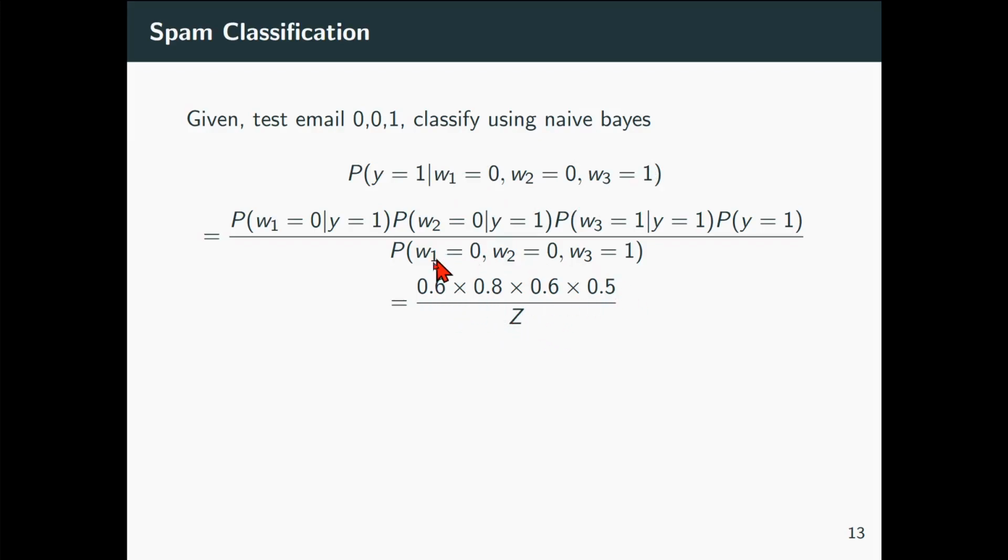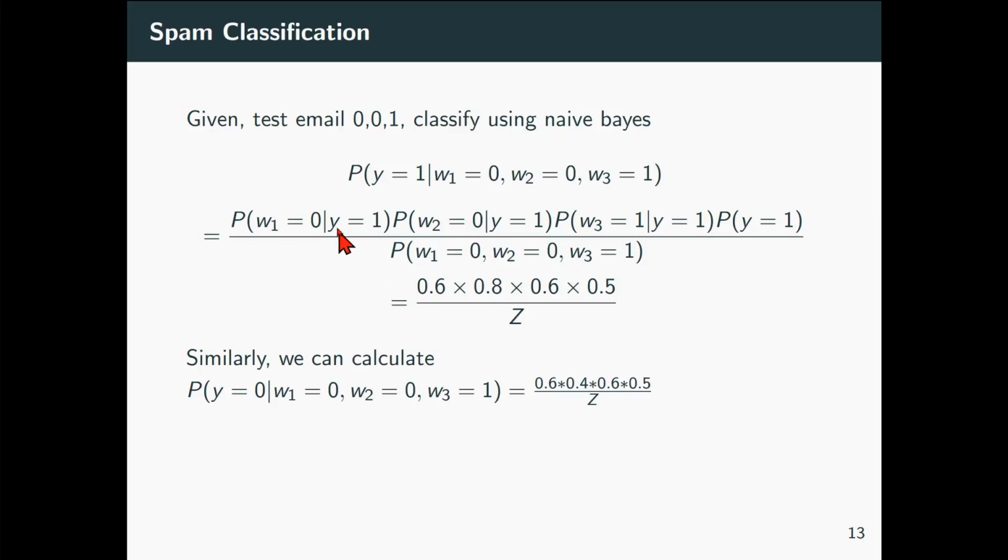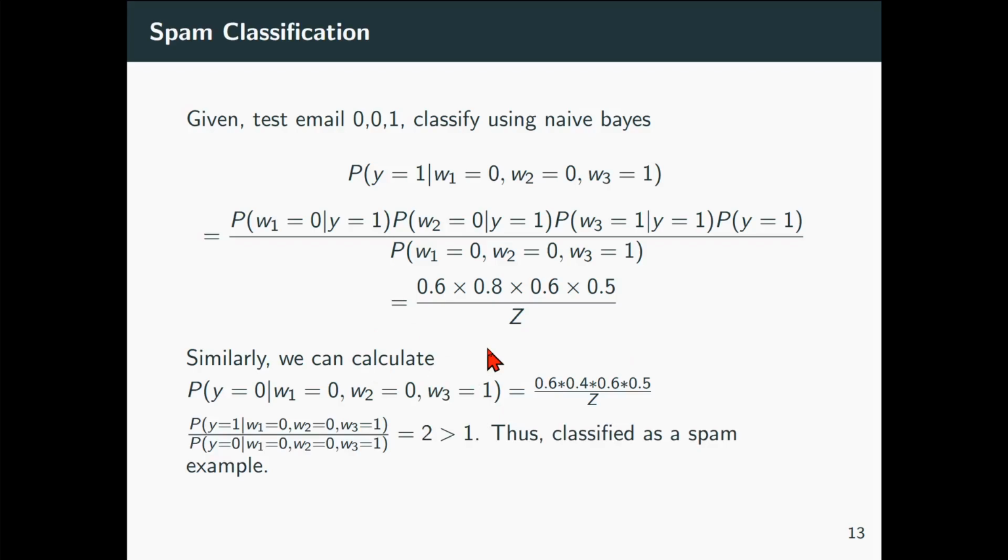So you can compute this entire number, and you can similarly compute the probability of y equal to 0 given this test sample, which is, let's say, 0.6 times 0.4 times 0.6 times 0.5. And if you take the ratio of the probability of y equal to 1 given the example and the probability of y equal to 0 given the features, it will turn out to be 2.